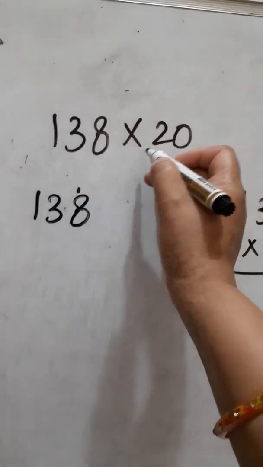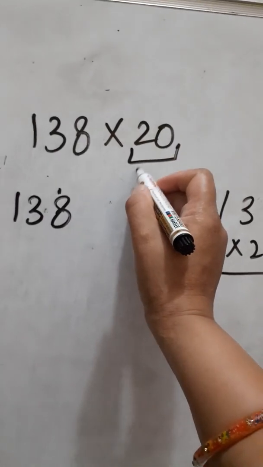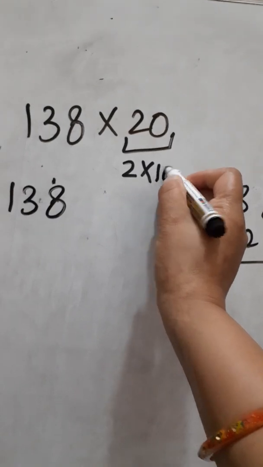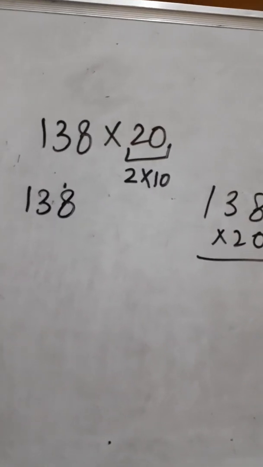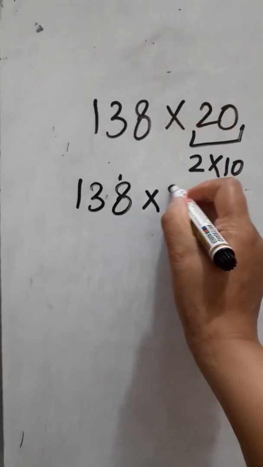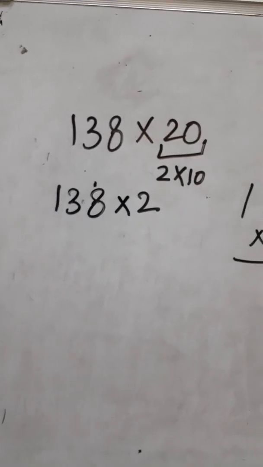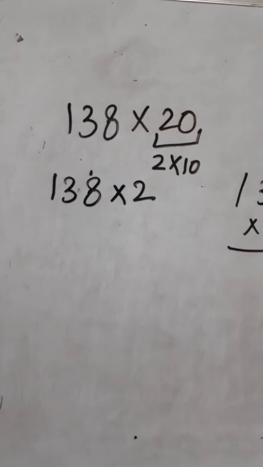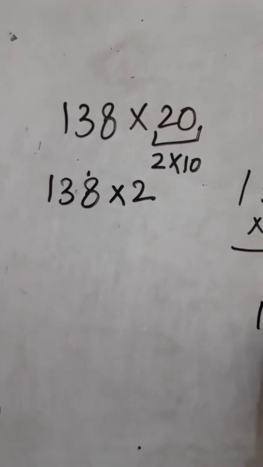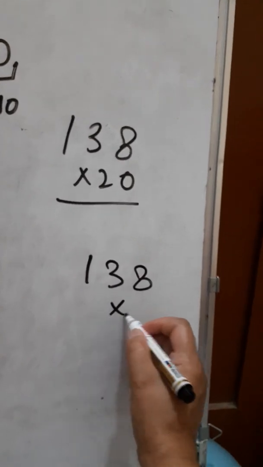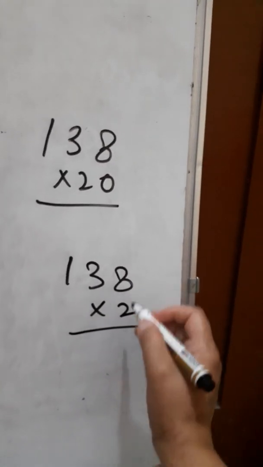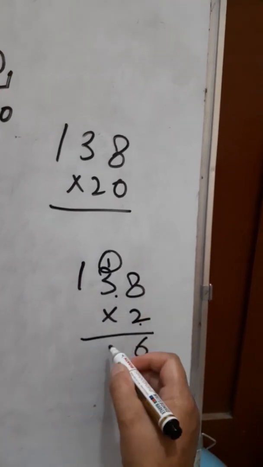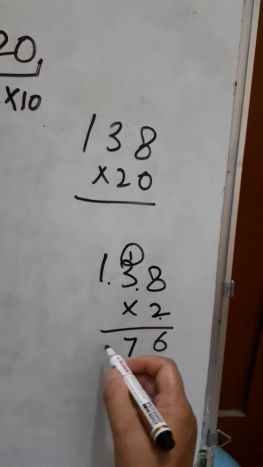138, you just split this number. How many tens are here? There are 2 tens. So you first multiply this number by 2, and then whatever answer you get, you simply multiply it by 10. If we multiply 138 into 2, 2 8s are 16, carry 1, 2 3s are 6, plus 1 is 7, and 2 1s are 2.